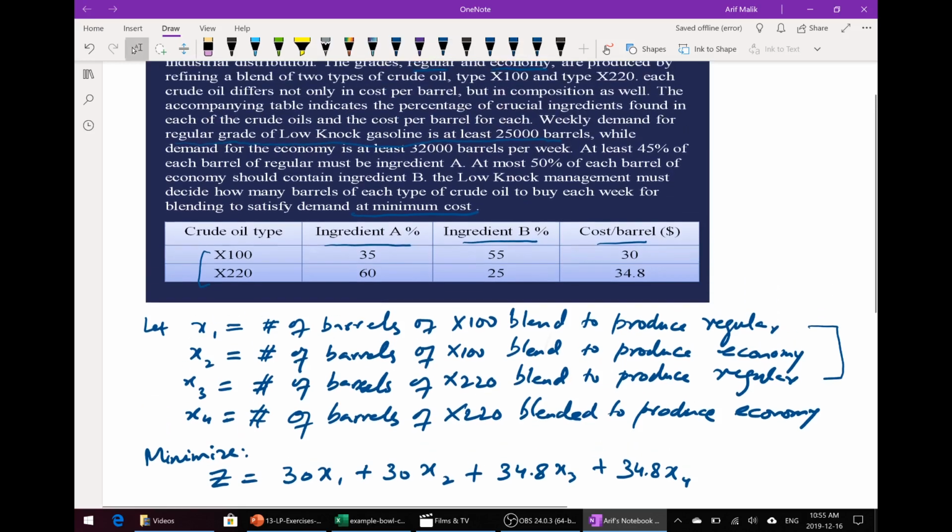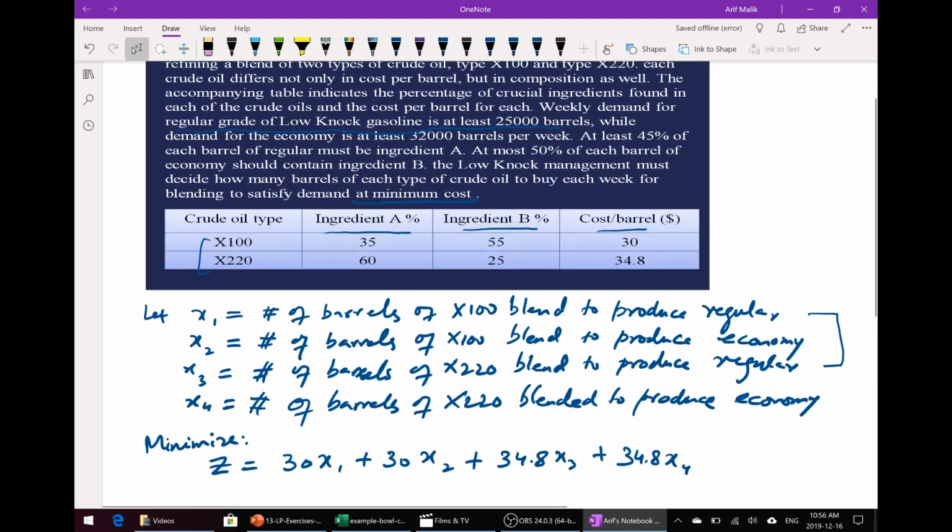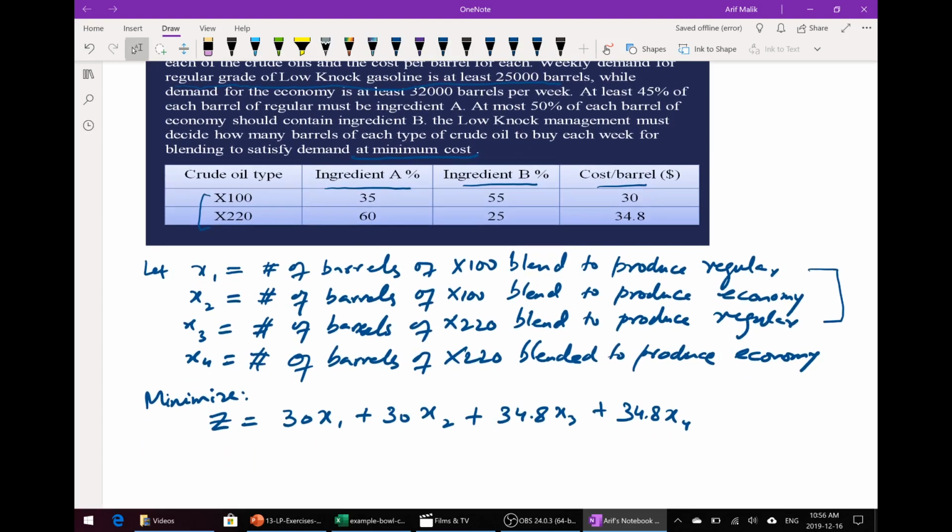So we can say subject to X1 plus X3 greater or equal to 25,000.